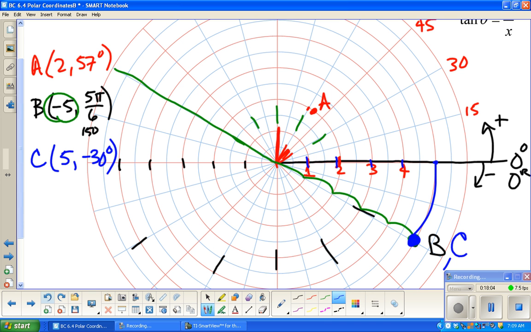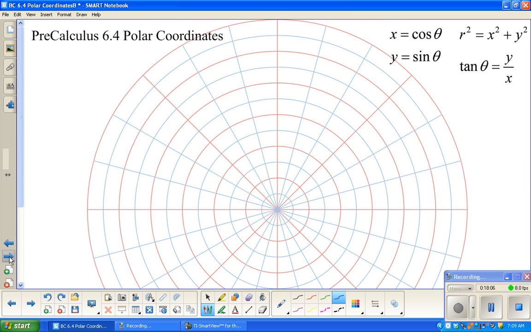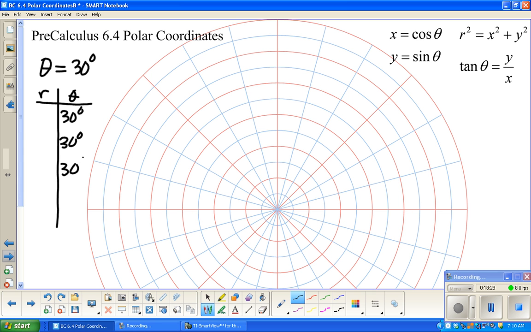All right, I just want to do one more thing, and I'll try and go quick. We can have equations in polar form also. So for instance, I could have theta equals 30 degrees. Well, let's make a little table of values. This will be r, this will be theta, and for every one of these points, theta is going to be 30 degrees. So that means r could be anything.